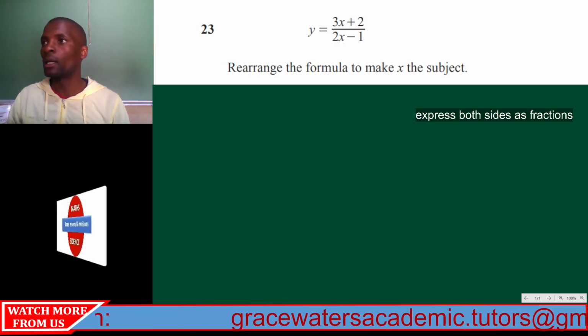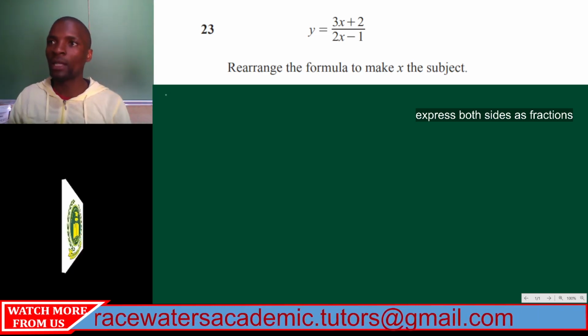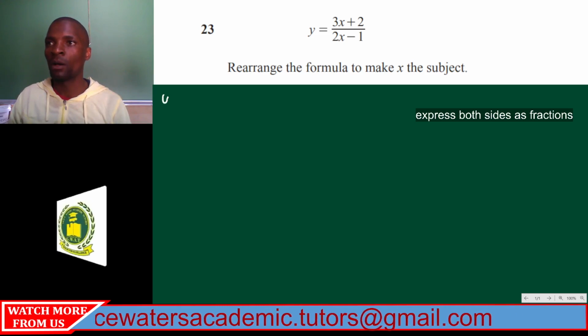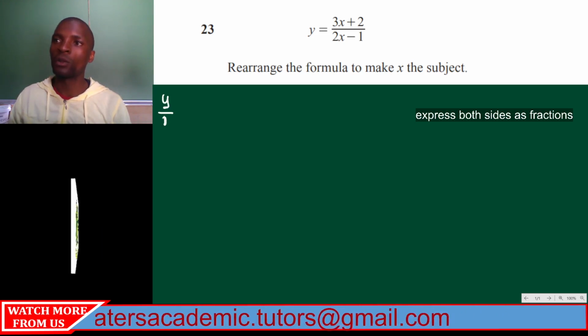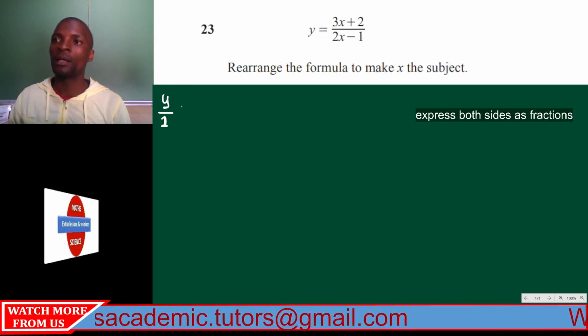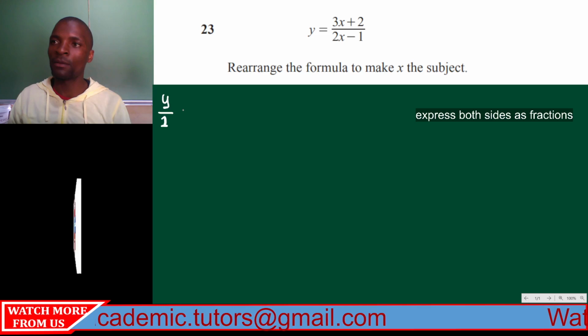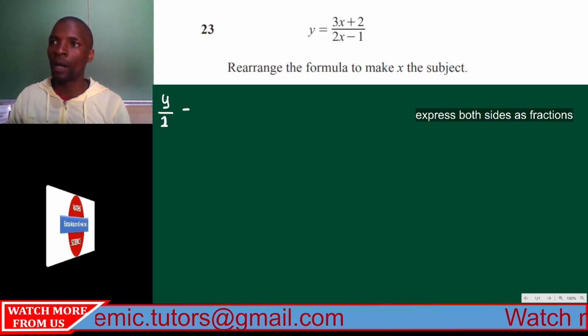Writing or expressing y as a fraction, it becomes y over 1. That's what we do to express y as a fraction. Any number is expressed as a fraction in the form of that number itself over 1.